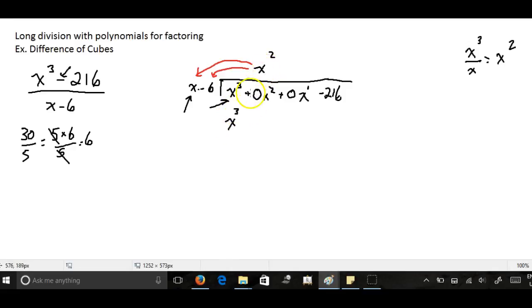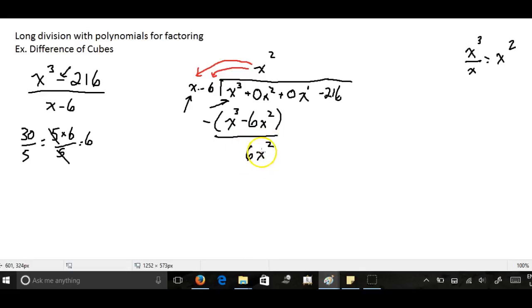X squared times minus 6 is minus 6x squared. Great. The next step in long division is the subtract. Bracket around each and subtract. X cubed minus x cubed is 0x cubed. We don't need that term there then. And 0x squared minus 6x squared becomes 0x squared plus 6x squared, which is 6x squared.